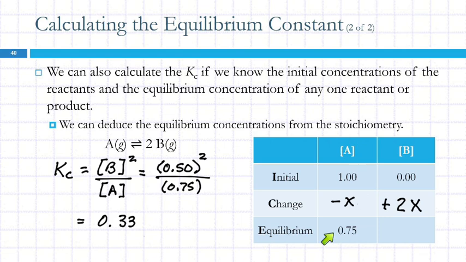Now, from this part, we can figure out what x is, right? 1 minus x is 0.75. So x must be 0.25. And so 2 times x is 0.5, 0.5 plus 0, and that's where we get the 0.5.